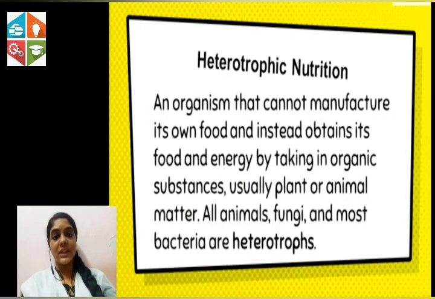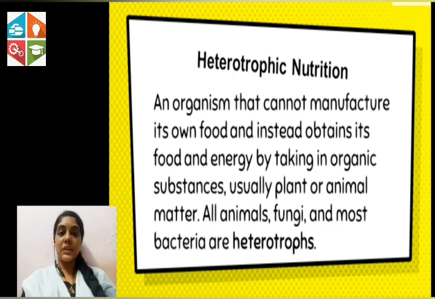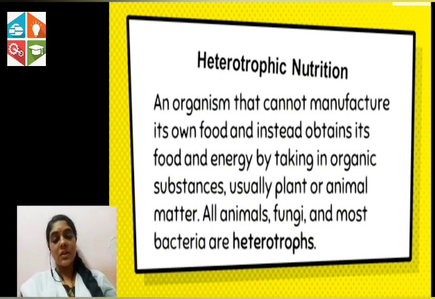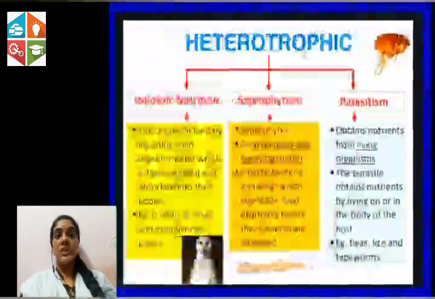Next one. With this, we are done with the autotrophic nutrition which you see in plants. Next, moving on, is heterotrophic nutrition. As I said, heterotrophic nutrition is a mode of nutrition where an organism depends on other organisms for its food.